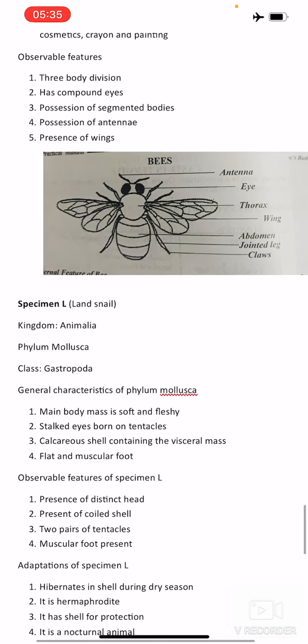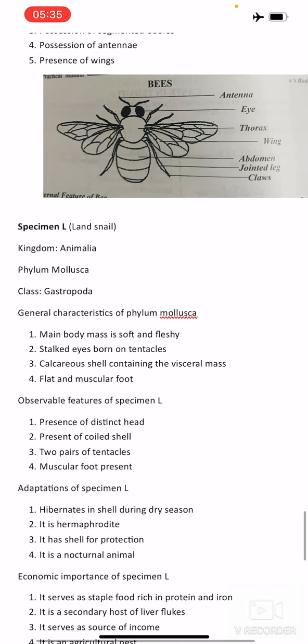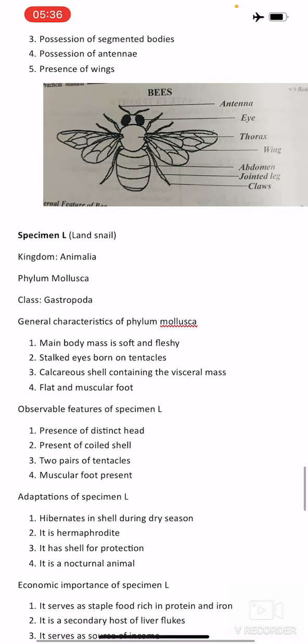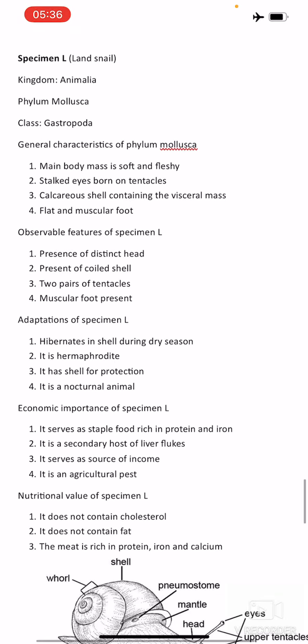Specimen L is the land snail. It belongs to the phylum Mollusca and the class Gastropoda. Look at the general characteristics. And then, the observable features of specimen L. The observable features means what you can see.